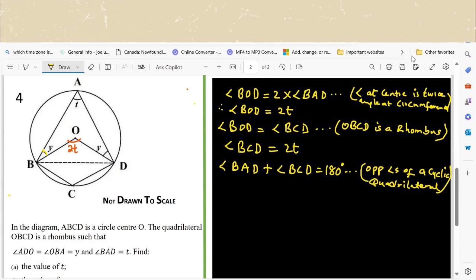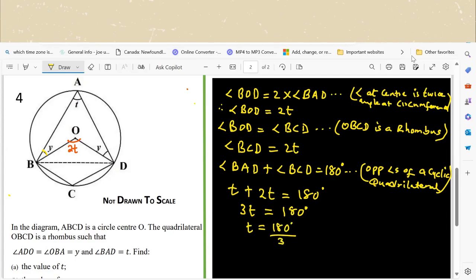So what that means is we now have T plus BCD, which is 2T, equals 180 degrees. That means 3T equals 180 degrees. So T is 180 degrees all over 3.